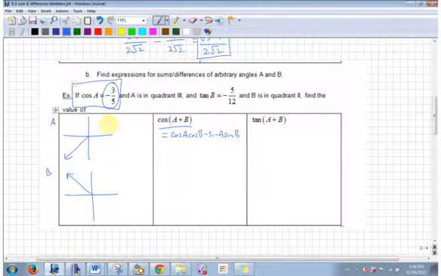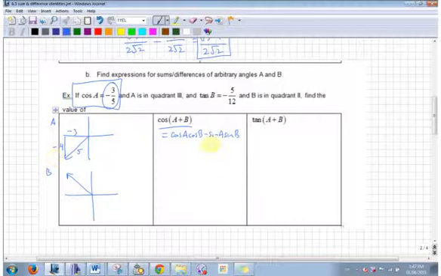If cosine of A is negative 3/5, well then that means that's a negative 3, and that's a 5. Which must mean, y'all got this memorized, or would you try to figure this out? 5 squared minus negative 3 squared, that's 4, right? And I also know it's a negative 4 because in that quadrant, obviously y is negative.